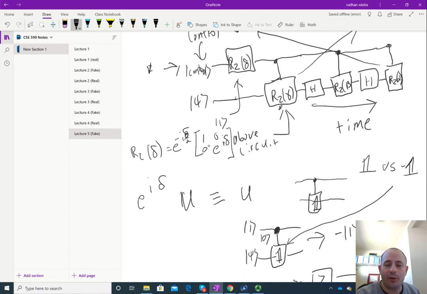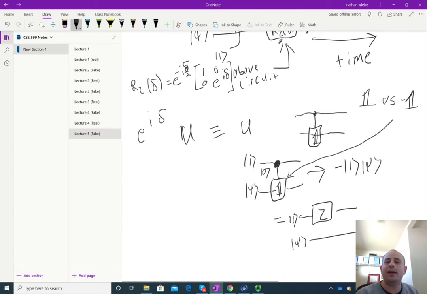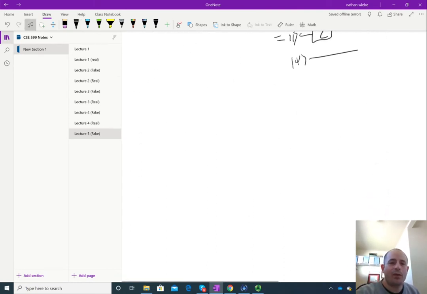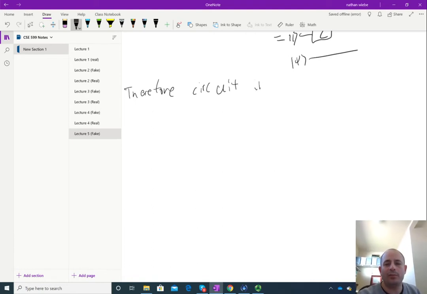If the control qubit is 0, then no phase will be accumulated, and thus the circuit will do absolutely nothing when 0 is put in. Therefore, this circuit implements a controlled single qubit unitary.